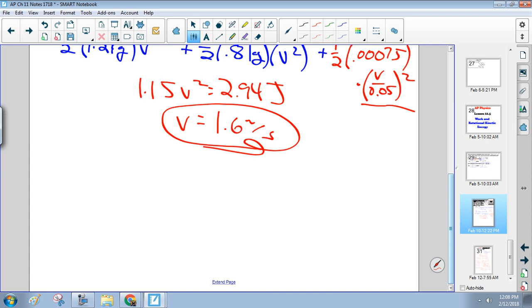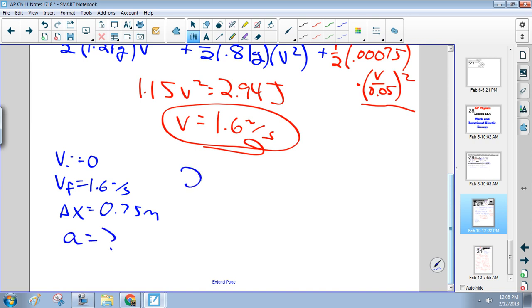So here's what I know. I know that for the masses, my VI is 0. I know my VF is 1.6 meters a second. I know my displacement is 0.75 meters. So we ought to be able to find the linear acceleration by using this equation. So plug in your numbers.